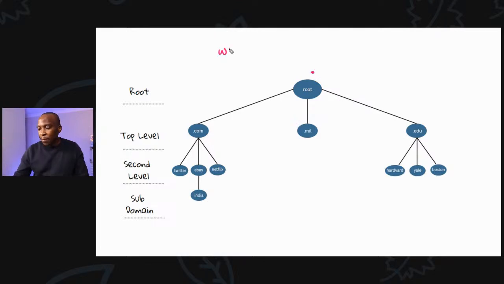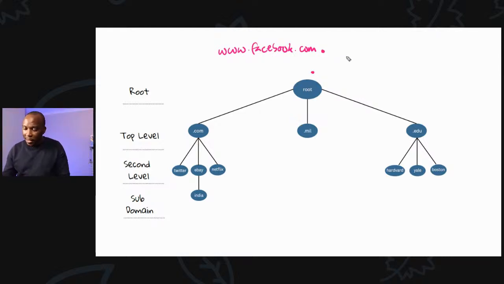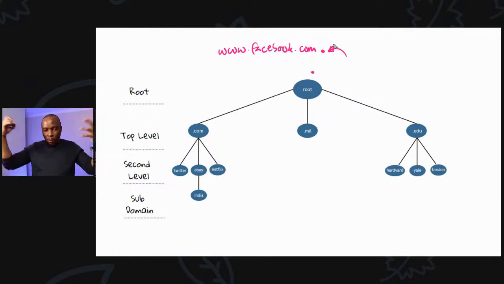We type www.facebook.com, but after .com, there is a dot that is there. We don't type it, but this dot is known as the root. This is the starting point of our DNS resolution. And there are servers that are known as root servers. These are the ones that host the dot.